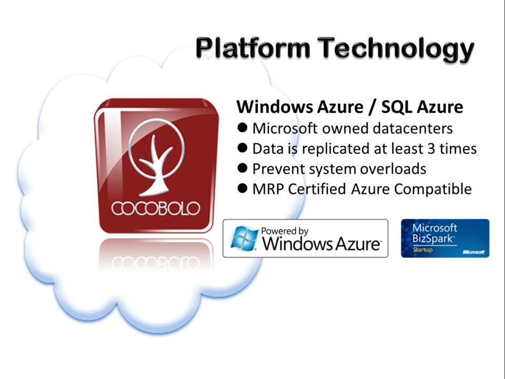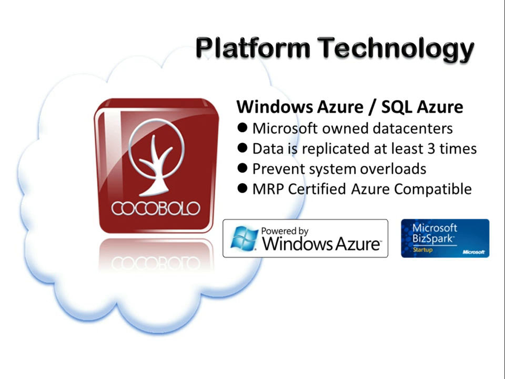Not only is this going to ensure that you have backups of your critical business documents and information, but it's also going to prevent any system overloads that would otherwise occur if we deployed the Cocobolo-Solution to any type of other platform.